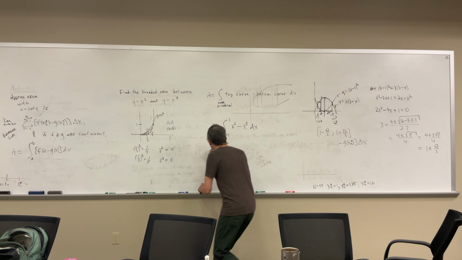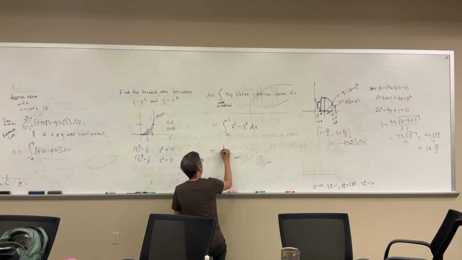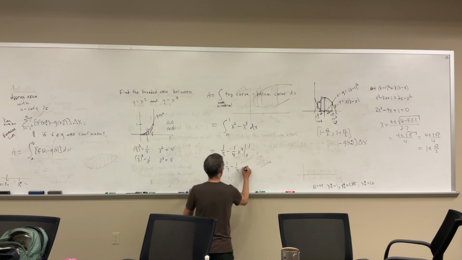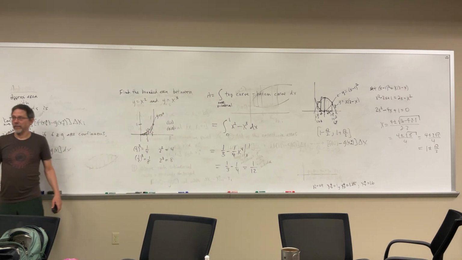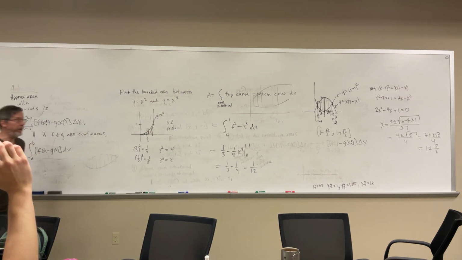Now I crank it out. So it's the antiderivative from 0 to 1. That's 1/3 minus a quarter. Put in the 0, you just get 0. And I believe that's just 1/12. So that's the area between these two.